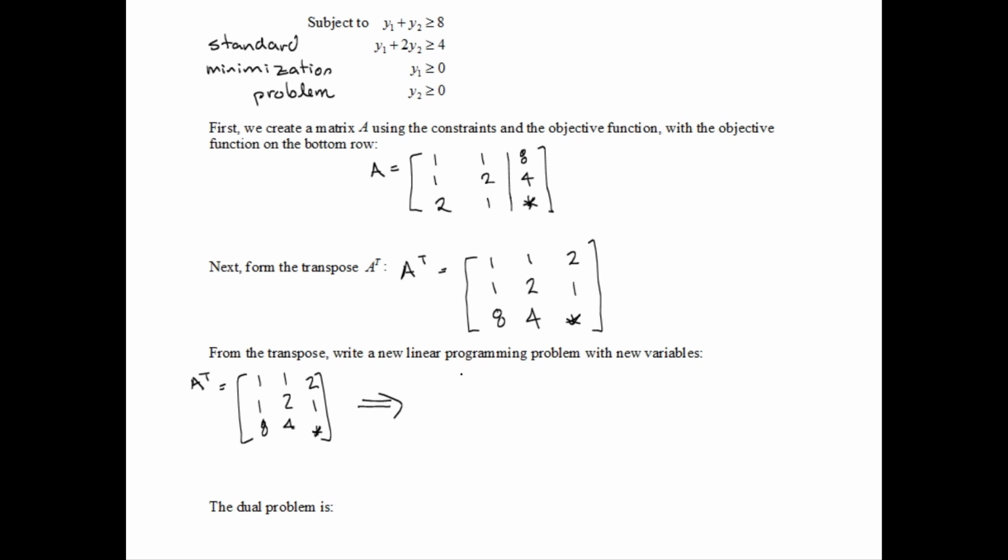So from the first row, I write an inequality. It's very important here that you use new variables. Before we had y1 and y2, so here I'm going to use x1 and x2. Do not use the same variables that you had in your original problem. Choose something different.